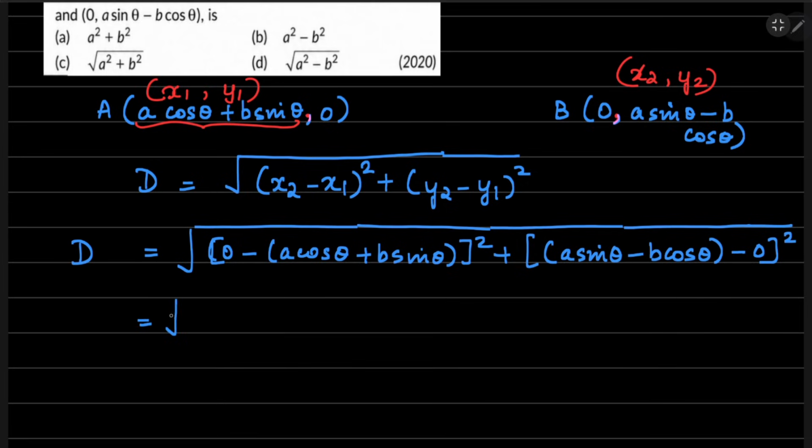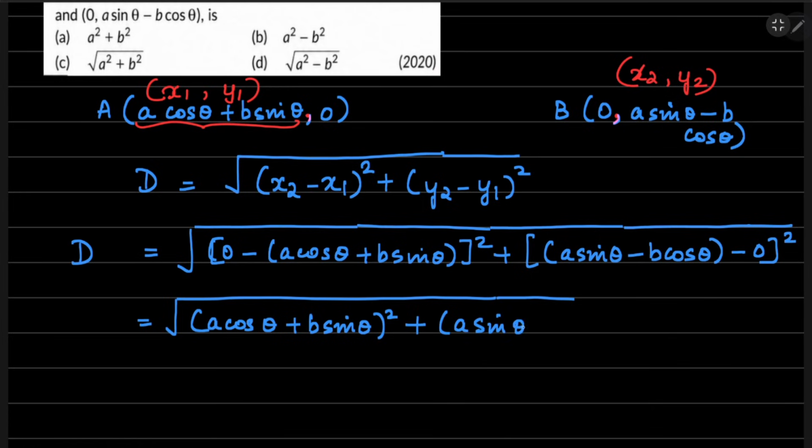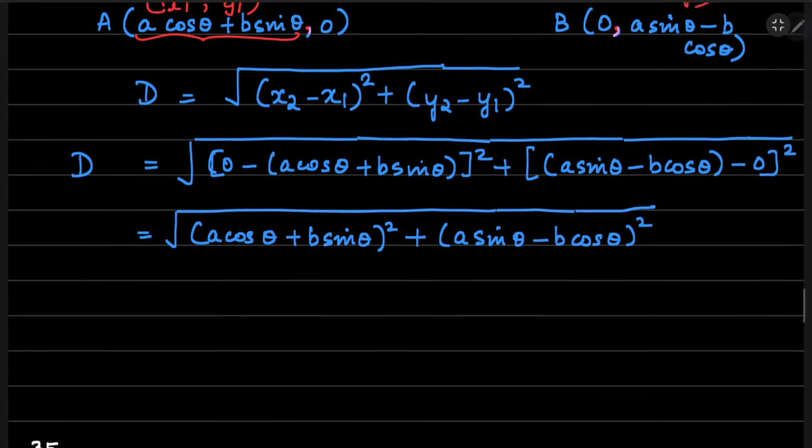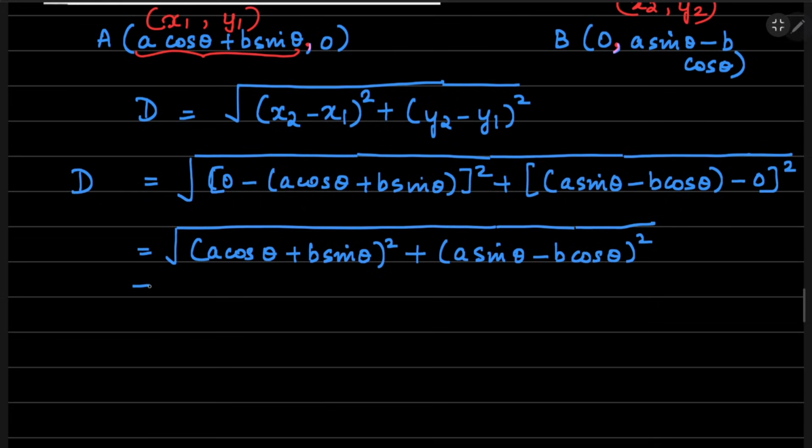So this is equal to square root of, you have a cos theta plus b sin theta the whole square plus again a sin theta minus b cos theta the whole square. Okay, so again a plus b the whole square, you can expand it using the formula a square plus b square plus 2ab, and for the second one a minus b the whole square, you can expand it using a square plus b square minus 2ab. So let's do it.